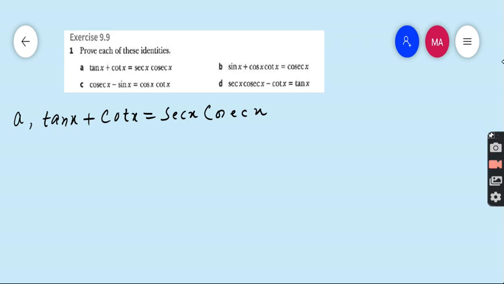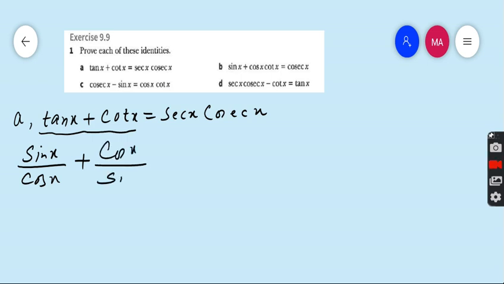It is suitable to take left hand side because tan x is sin x upon cos x plus cot x is cos x upon sin x.